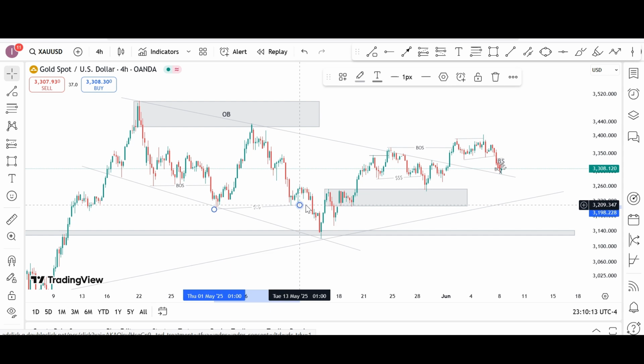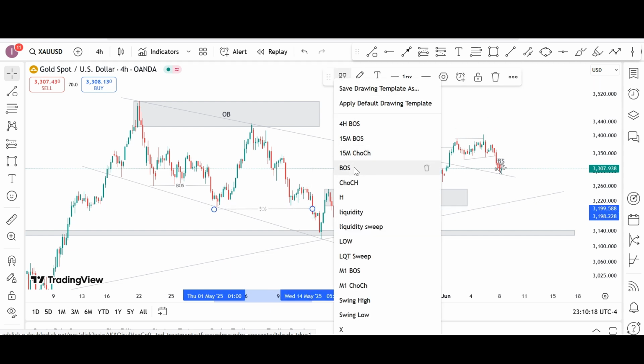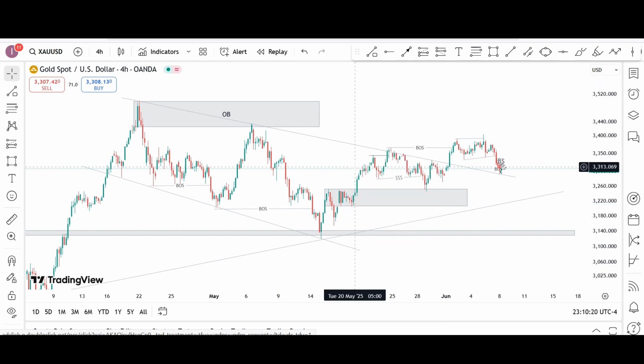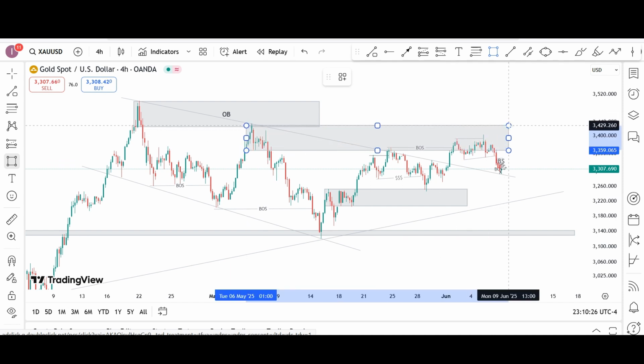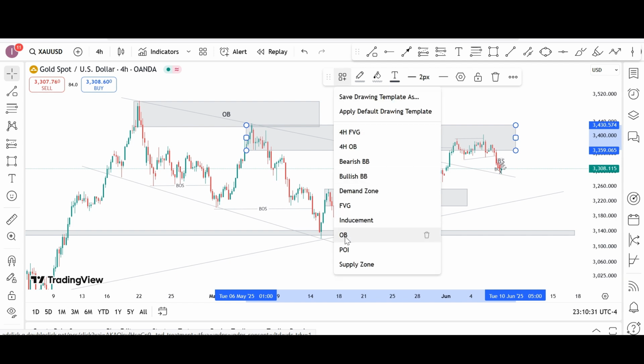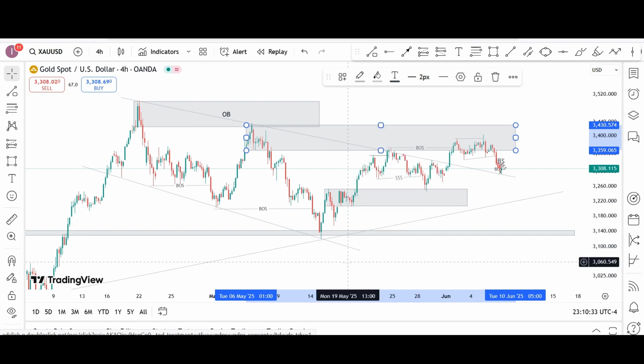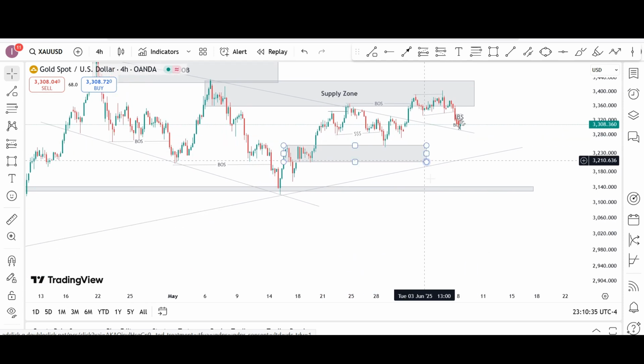And it gave us another BOS right here. And price came back again to this supply zone, which is the premium zone after the break of structure.